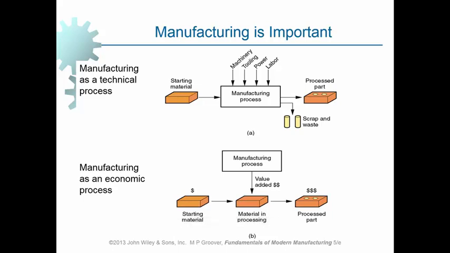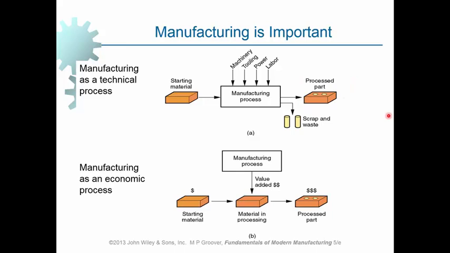If we take a look at figure A in this slide here, it's a representation of the raw material or the starting material that is subjected to manufacturing processes, and indeed machinery, different kinds of tools, power and labor are used in manufacturing processes in order to bring it to the desired shape and geometry in order to make the process part.